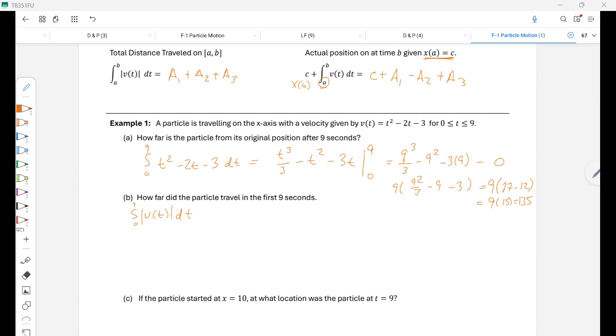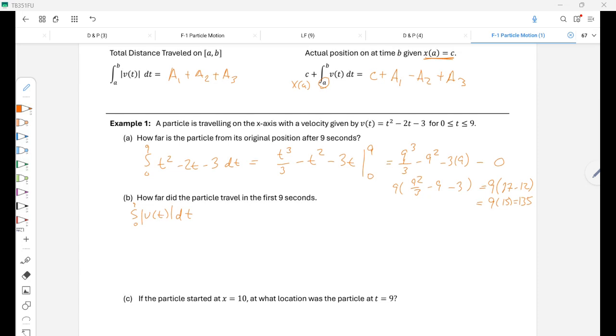Which means we've got to figure out when this thing is traveling left and when it is traveling right. Sign chart. Sign chart for which function? V of t. Velocity. The sign on velocity tells you direction. So if you need to know whether it's going left or right, velocity is the thing that tells you that.